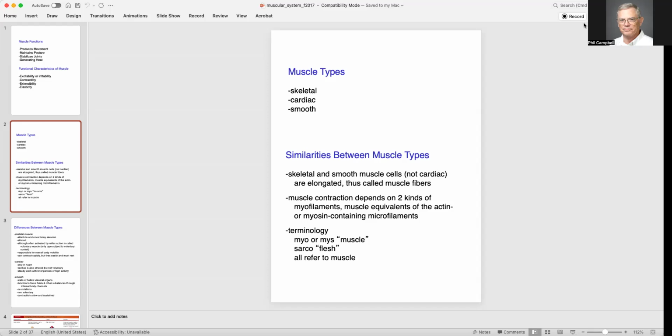All right. So before I transition to focusing on skeletal, let's talk about what's distinctly different and what the similarities are. Basically, skeletal and smooth muscle cells have a similar structure in that they are elongated, bipolar, and stretch with two ends, as opposed to cardiac muscles, which are branched.